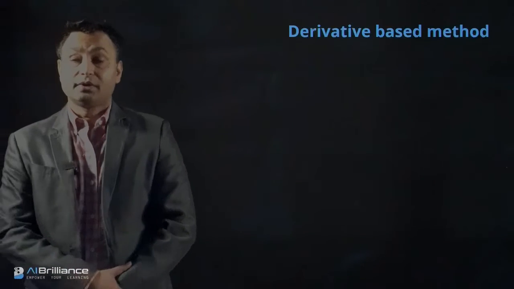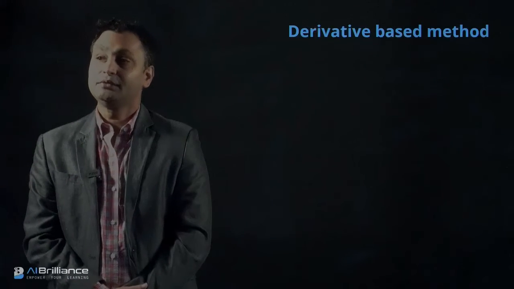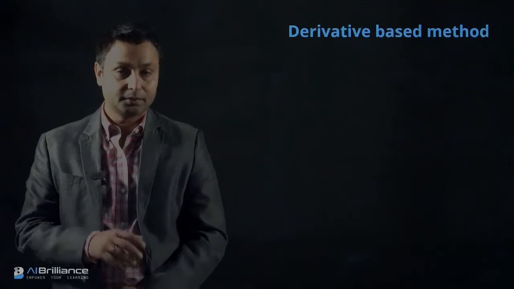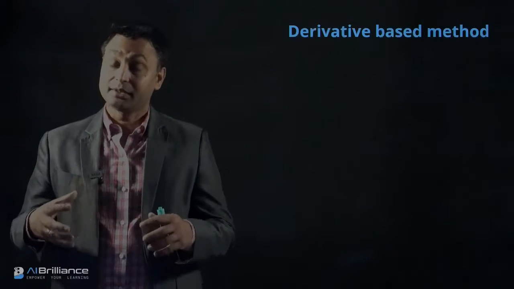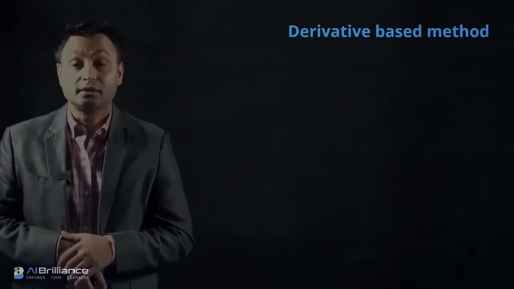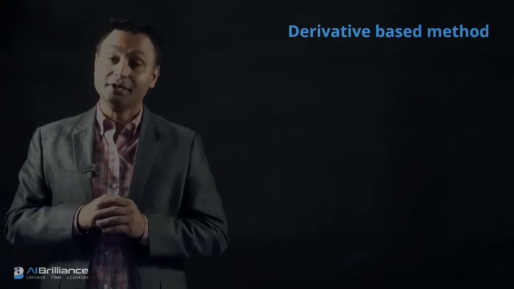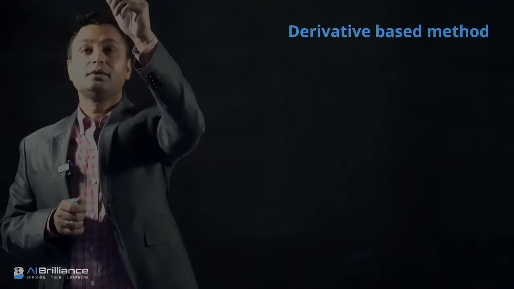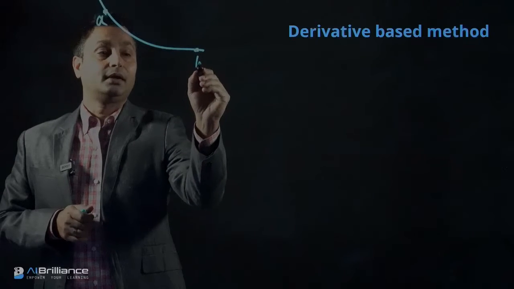First thing that I want to mention is that the Newton-Raphson method is a derivative-based method, and this is significantly different from the approach taken in the golden section method. In the golden section approach, we began with an initial interval, with A and B values.